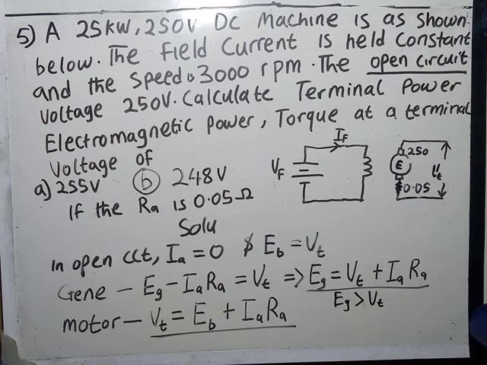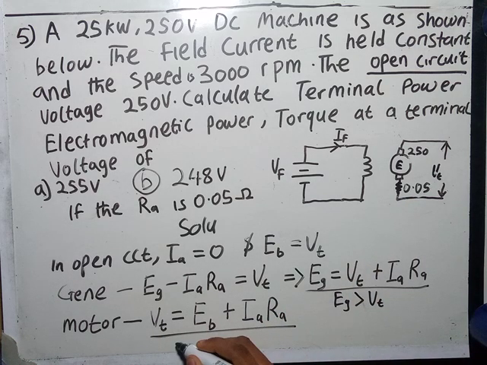Now coming over to this, our Vt, we can say again, our Vt is greater than our Eb, because whatever Eb is, we have to still add the voltage drop due to the armature resistance to get what our Vt is.